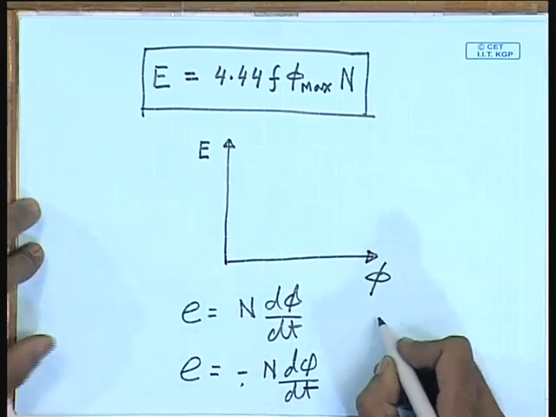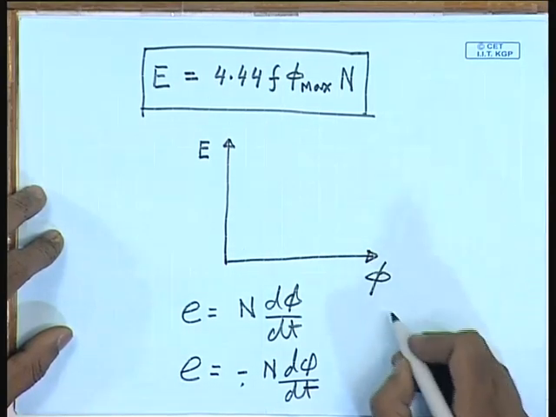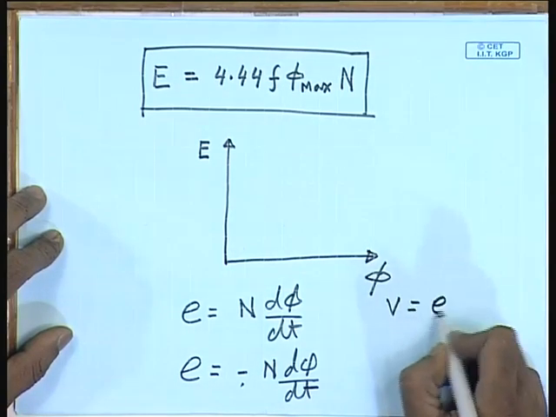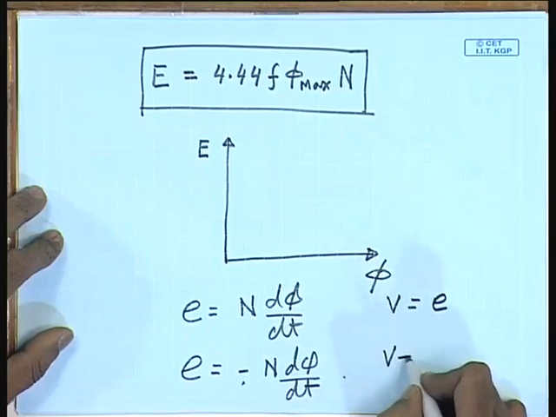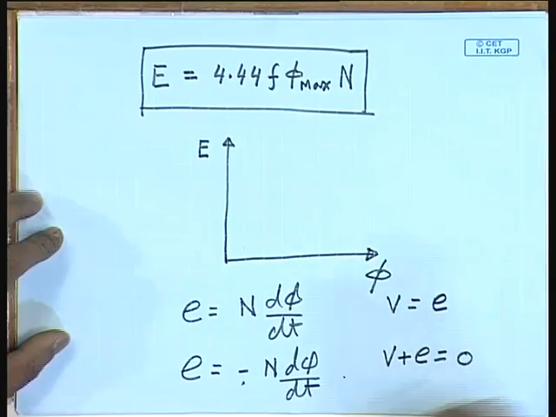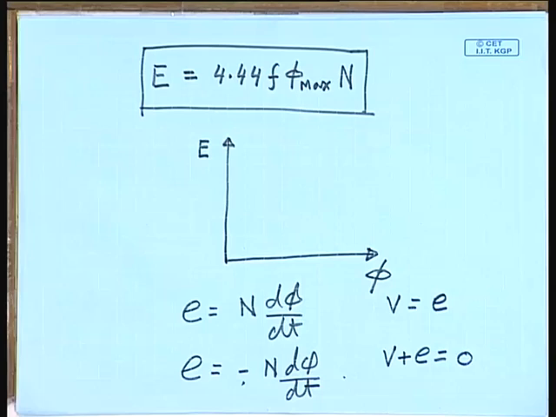Therefore, in our case the KVL of the coil will be written as V equal to E. In this case the KVL will be written as V plus E equal to 0. That is the only difference. In fact, if there is no scope of confusion, then we will keep calling this the induced voltage, although many authors in some textbooks will be calling it the counter induced voltage.